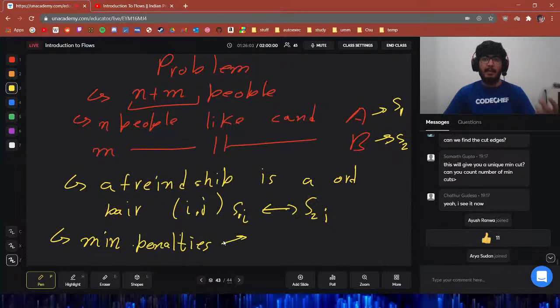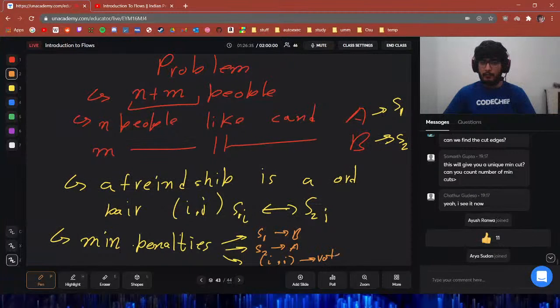So the minimum penalties, where a penalty can be of three types. One type of penalty is that a person in set 1 votes for B. Another type of penalty is that a person from set 2 actually votes for candidate A. And the third type of penalty, which is related to the friendship that we just talked about, is that an (i, j) pair votes for different people.